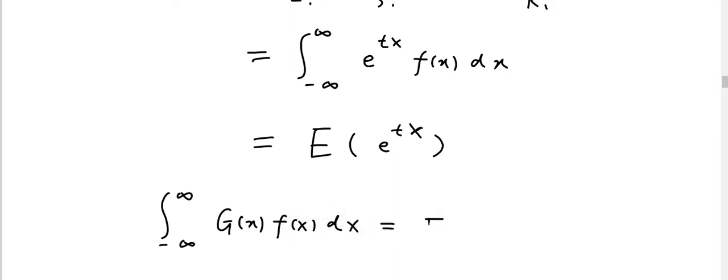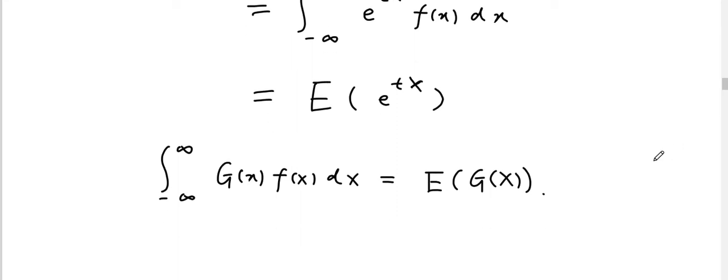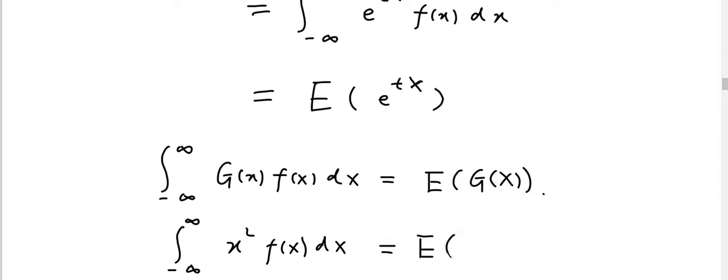This is just equal to E[g(X)], right? Okay, like let's say if g(x) equals x squared, then with the density function f(x) dx, what is this? This is just equal to E[X squared], or the average of those x squared.